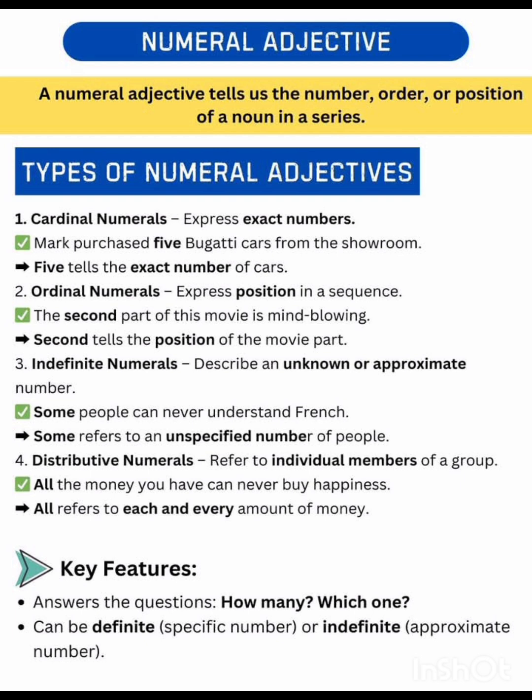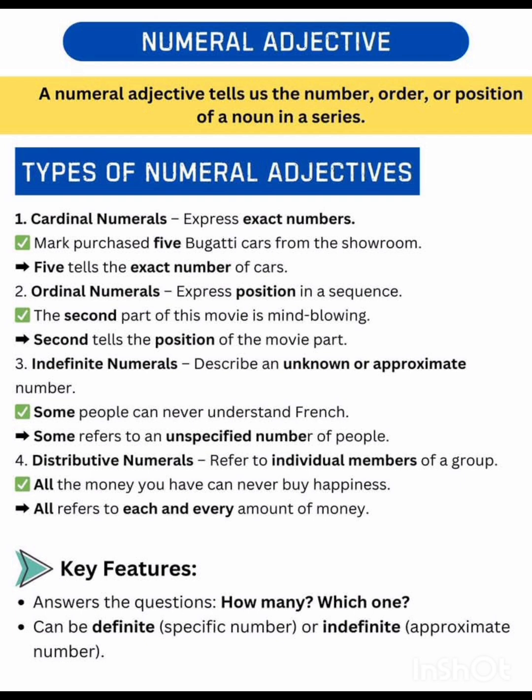So cardinal numerals start from 1 to the nth number. Then, as you see in the presentation, it says Mark purchased 5 Bugatti cars from the showroom. So a specific number 5 has been mentioned in the sentence.